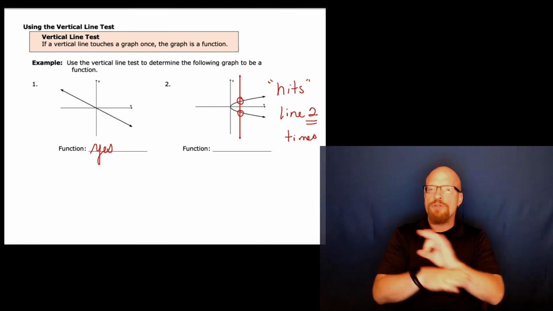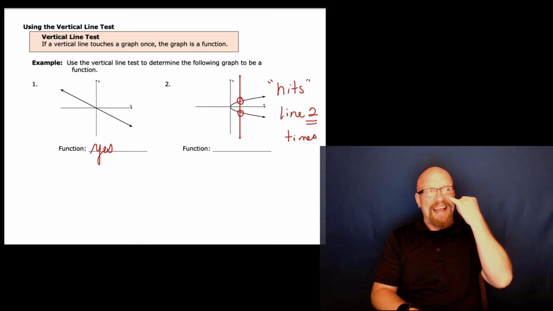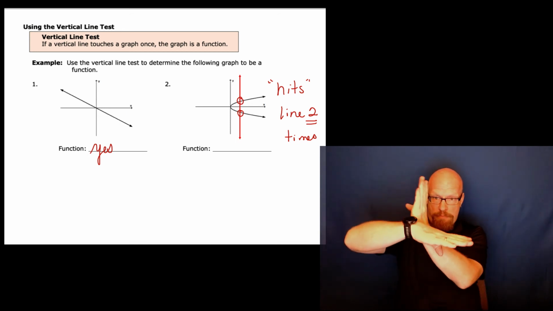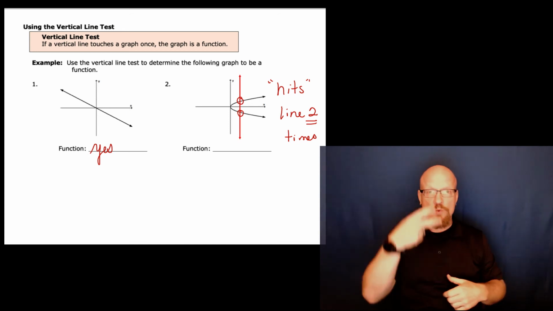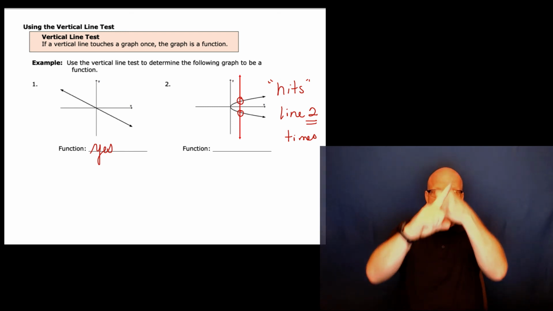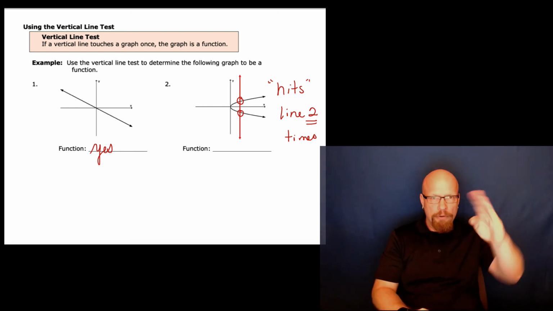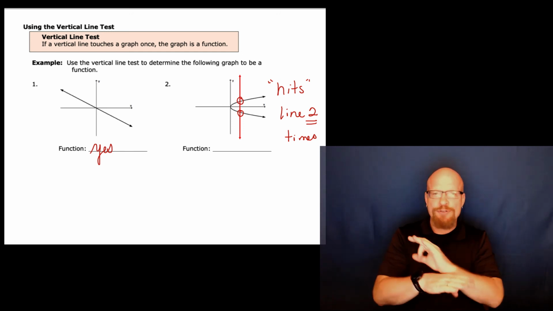That means this fails. It's not a function. If the red line only hits the graph once, it passes. If it hits more than once, 2, 3, 4 different times for the same straight line, it's not a function.